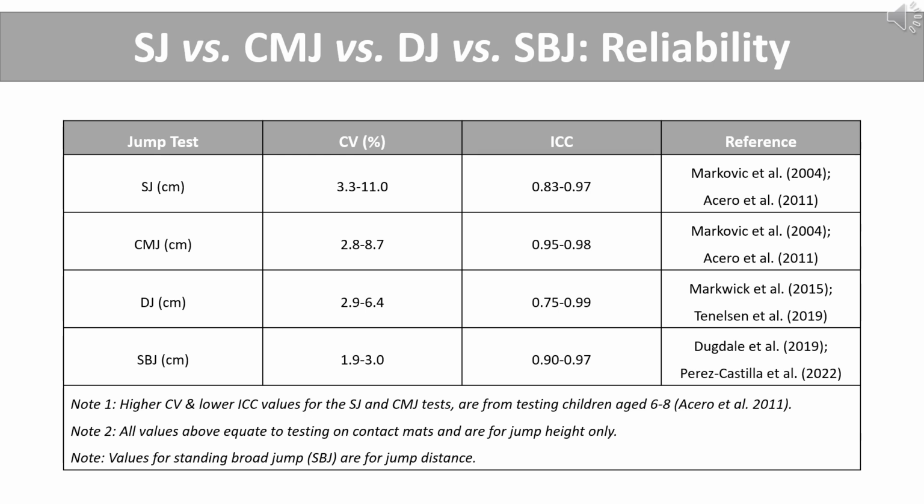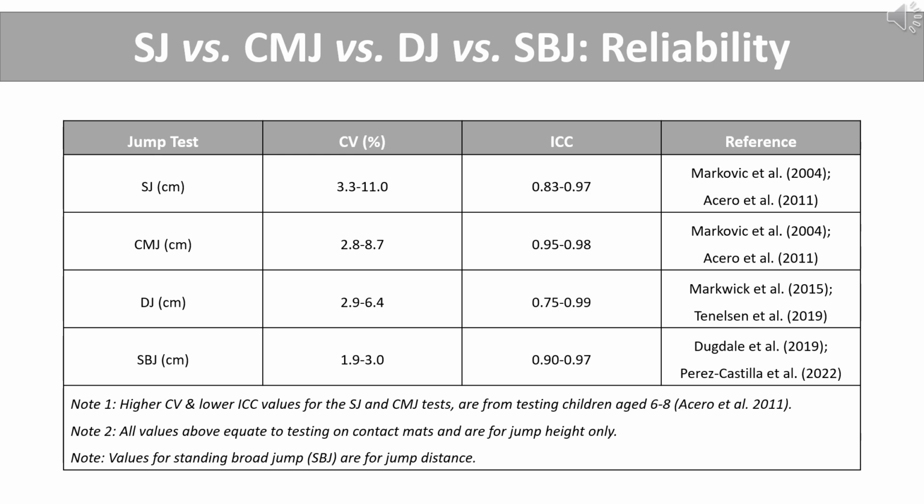Now, the first thing to notice is that the slightly higher CV values and slightly lower ICC values, particularly in the squat jump and counter movement jump tests, are associated with children or youth athletes. So there's obviously a little bit of a learning effect when we're working with youth athletes, typically compared to adults, and that's something we should be mindful of, ensuring that we give enough familiarization and our test instructions are incredibly clear.